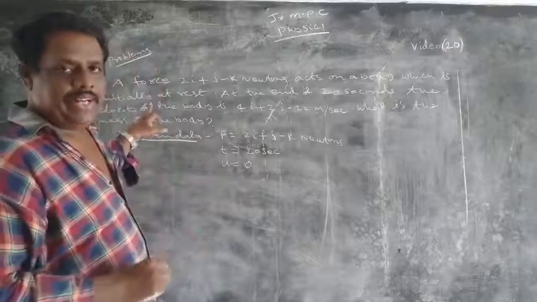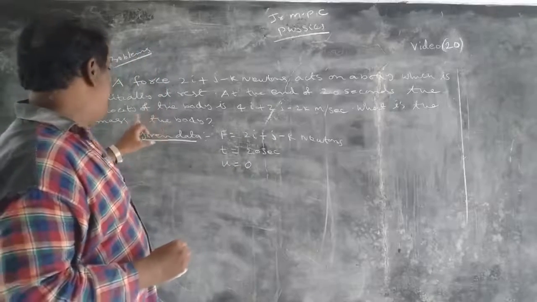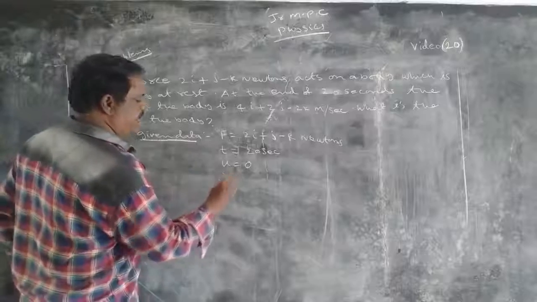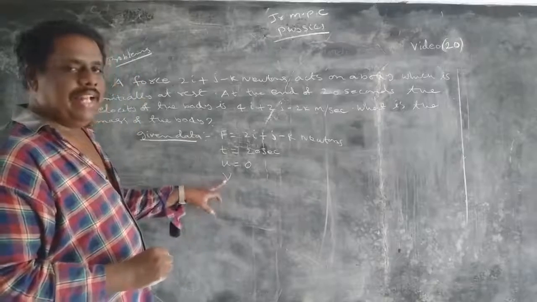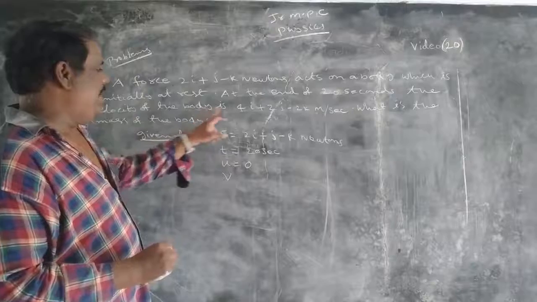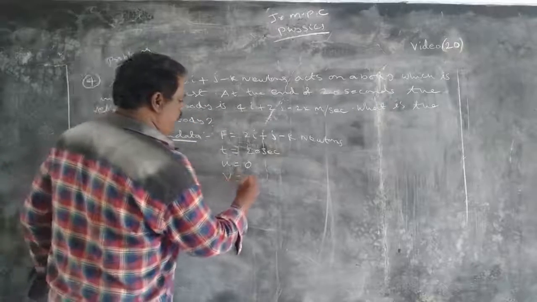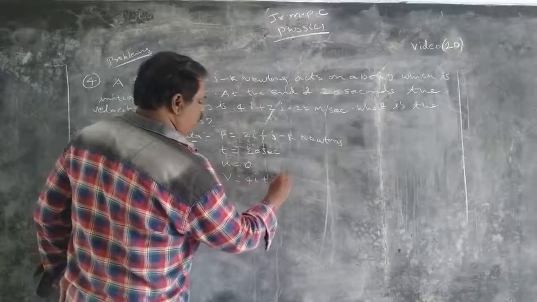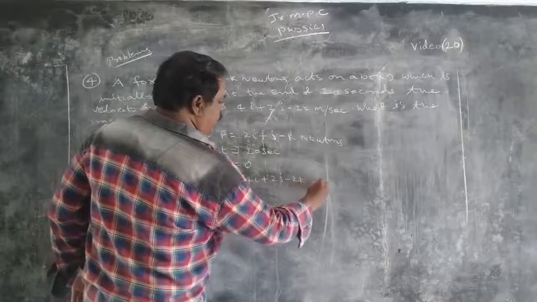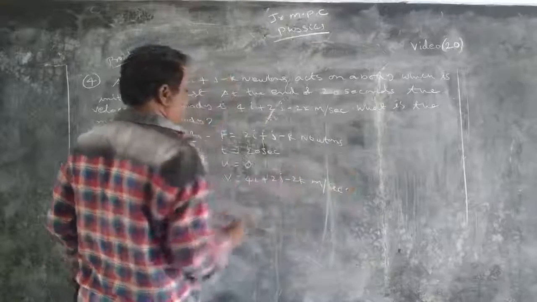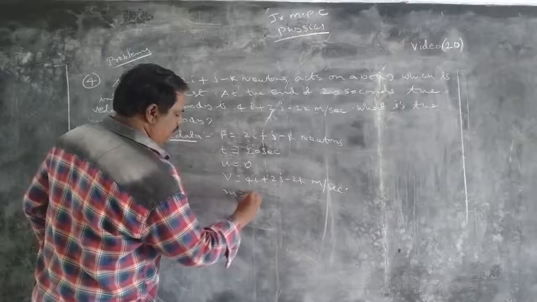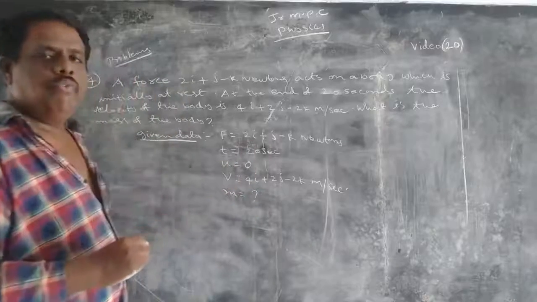Final velocity should be denoted with v. Final velocity they are given is 4i plus 2j minus 2k meter per second. Mass m, we have to find out.